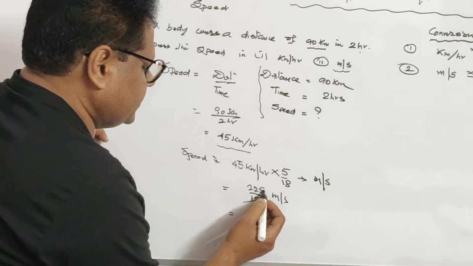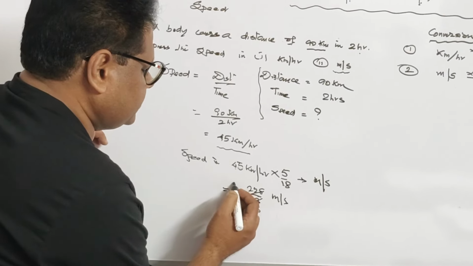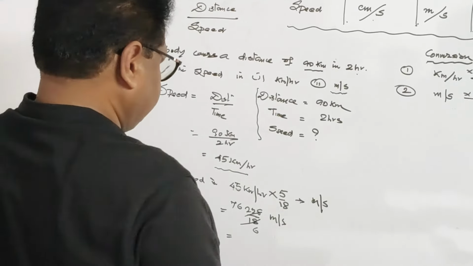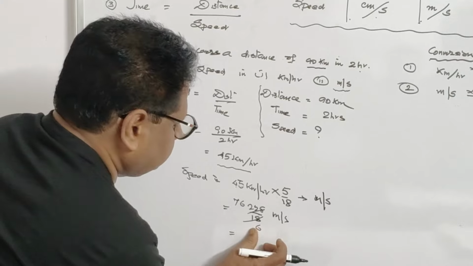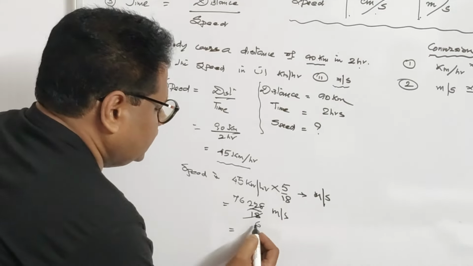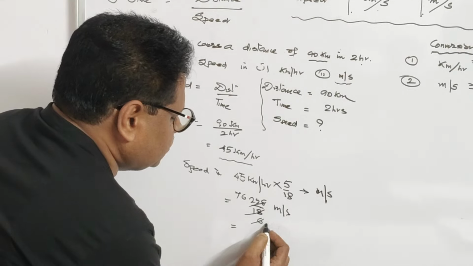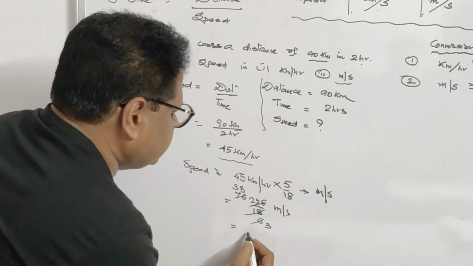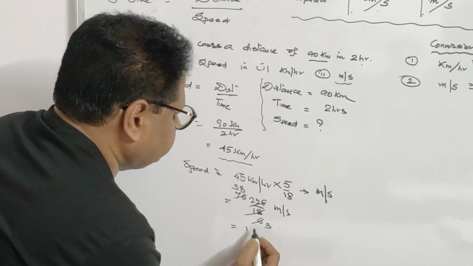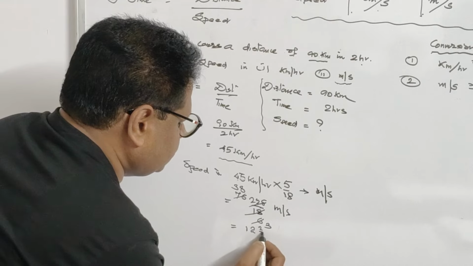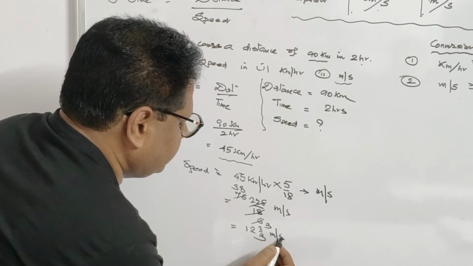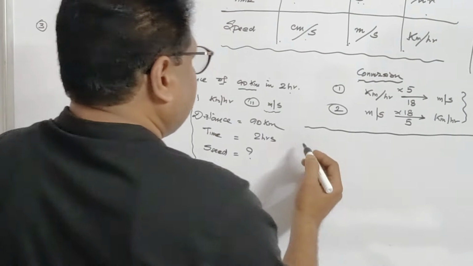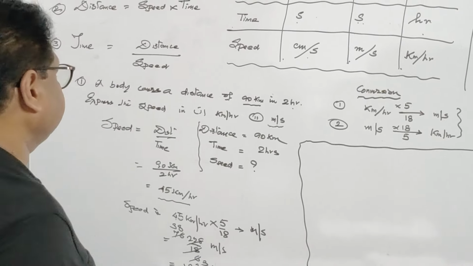You can cancel this: 3 sixes are 18, 3 sevens are 21... you can cancel further. After that you can express it as 12 by 2, that is 25 by 2 meter per second. Okay, now next question, we are discussing a bit complicated question.